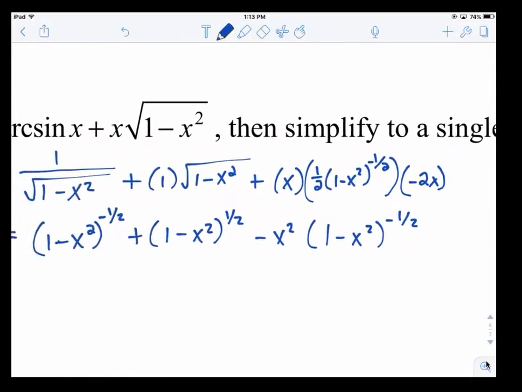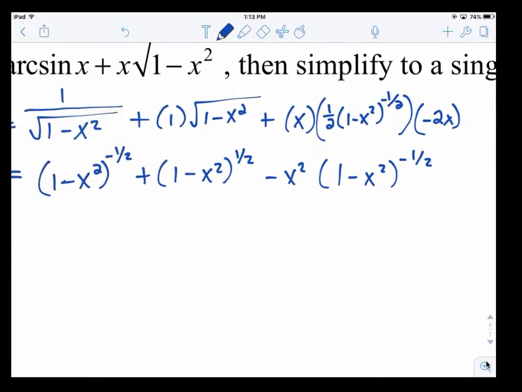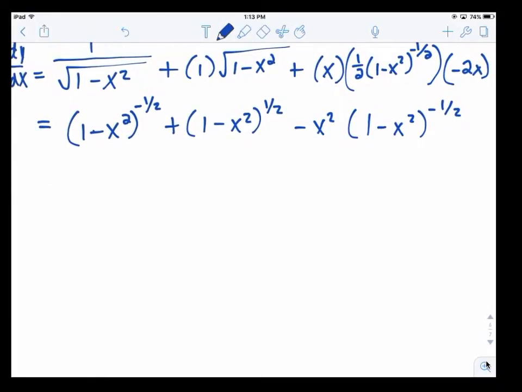Okay. What can I take out now? Not the 1/2, but the negative 1/2. You want to take out the least power. So negative 1/2 is less than 1/2, so this one's smaller. If I take that out, this term here times what gives me that? 1. Plus now, this times what gives me that?